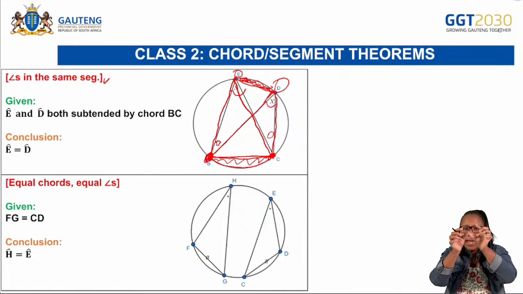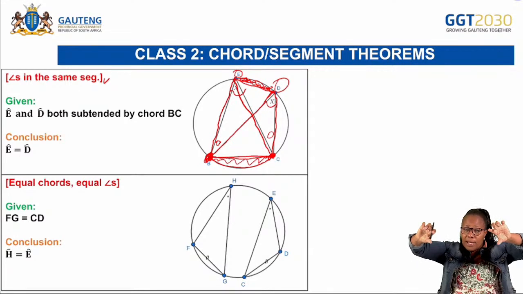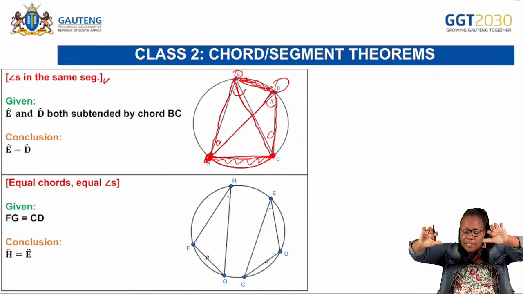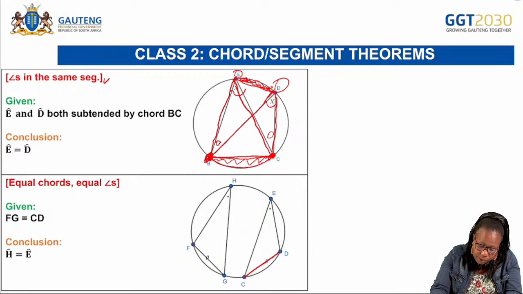It's like I am dismantling those two triangles there, shifting one triangle to the side and separating them like that. Since they come from the same chord, look at this now. We have chord CD there, and this chord FG, and it is given that they are equal.